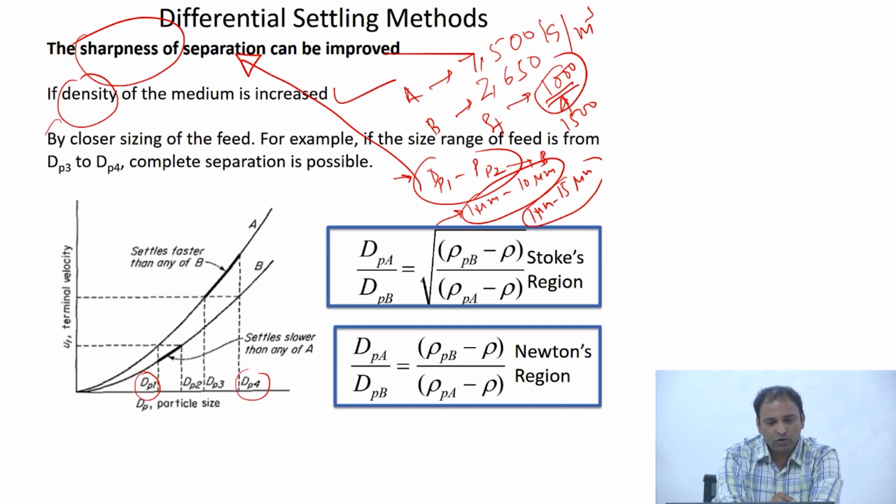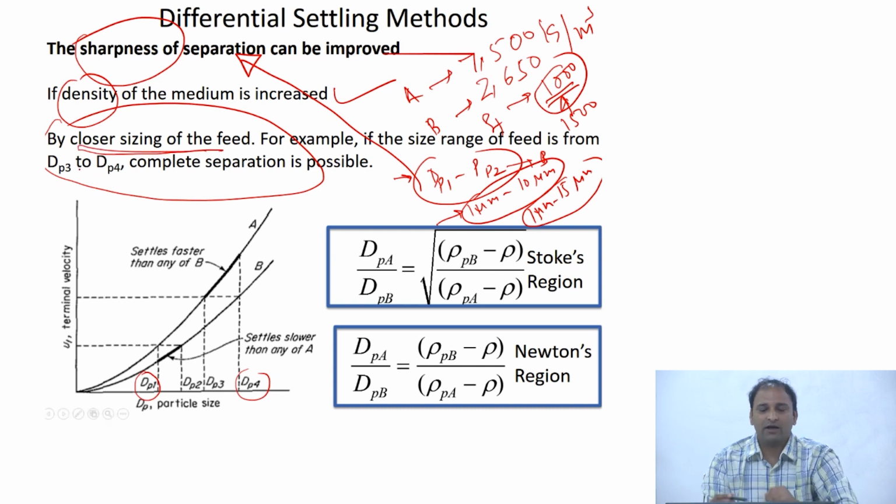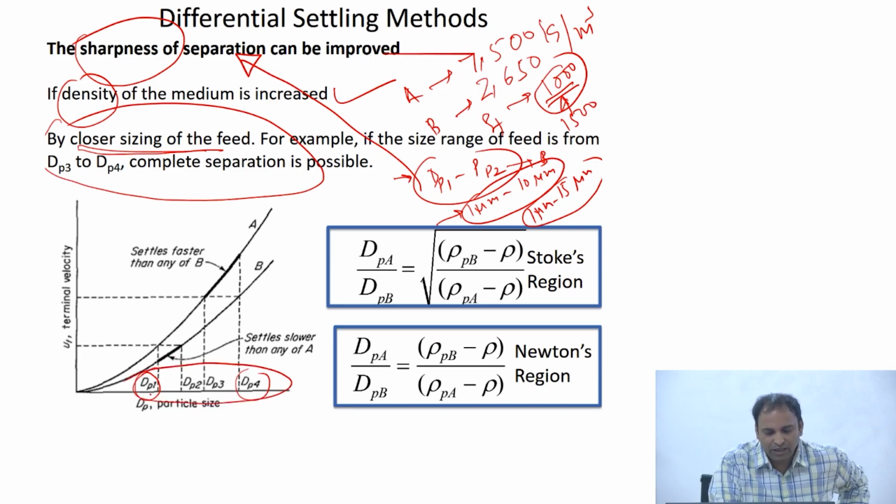The other way of doing this would be to choose a size range which is closer. Let's take this example. I've explained that dp1 to dp4 is the size range that exists for particles A and B. I talked about the fact that this one settles the slowest and this one settles the fastest.